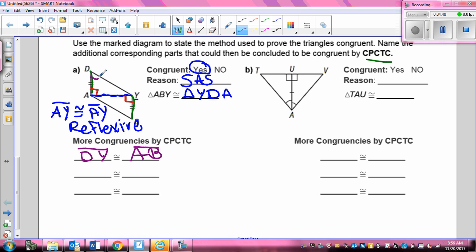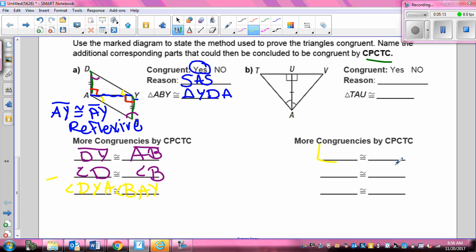Also, I know that this angle D is congruent to this angle B. And I know that maybe this angle Y is congruent to this angle A, but I can't name it as angle Y because there's too many things going on here. So Y has to be in the middle. So I'm going to say angle DYA is congruent to angle A has to be in the middle down here. I'm going to say BAY. Oops, put the angle symbol.